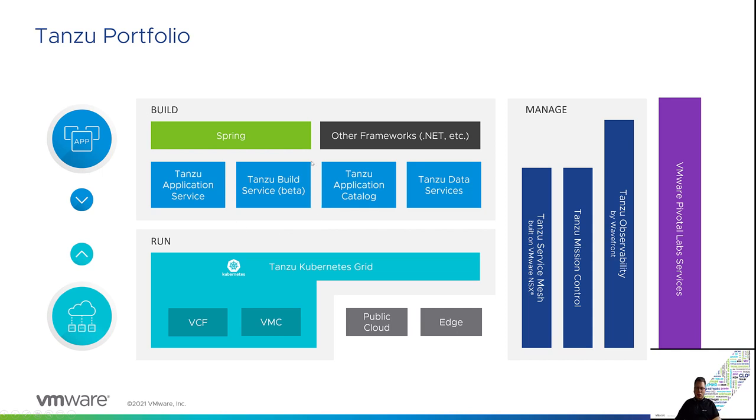The third component of the build portfolio is the Tanzu Build Service. So the Tanzu Build Service is a service that can be connected with your Jenkins pipeline, with some pipelines, can be connected with a source code repository, and whenever you check your new code into a source code repository, whenever you run the pipeline, you can define what will happen and how your container image will be built.